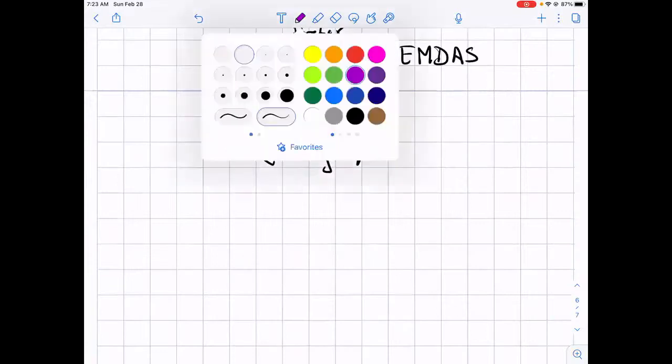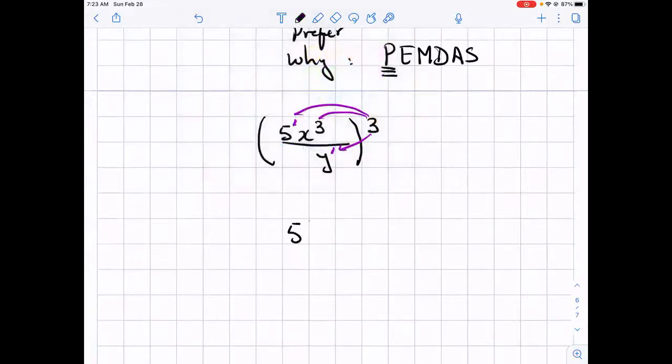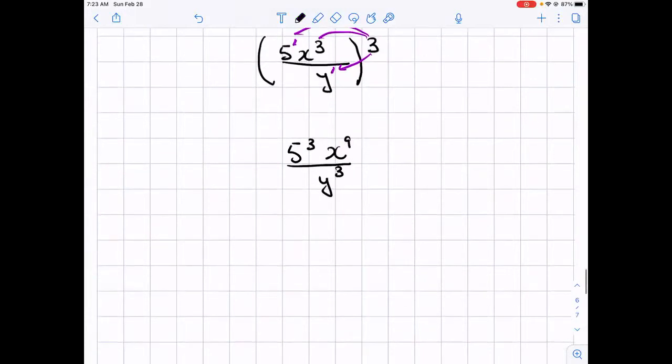So what do we have? We have 5 to the third, x to the ninth, and y to the third. And we know 5 to the third is the same as 5 times 5 times 5. So 5 5s are 25, 25 times 5 is 125, x to the ninth over y to the third.